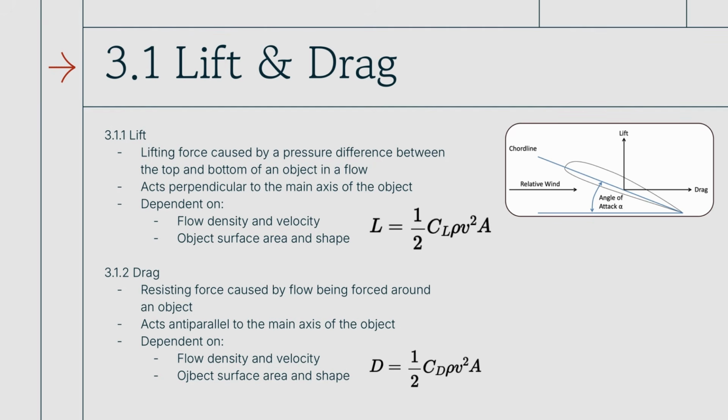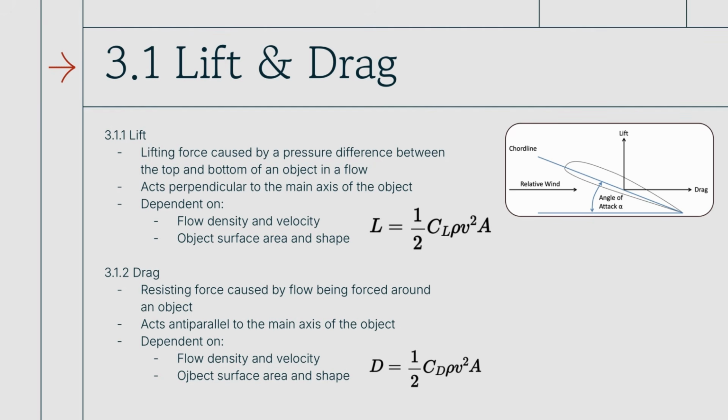It depends on the flow density and flow velocity, so you can see that rho v squared in there. Again, you can combine it with the 1/2 and get your dynamic pressure, just swapping around the terms. It depends on your density, your velocity squared, and then the object's surface area and shape. For the surface area, you're just going to take the surface area of the wing, and then the object's shape is combined into this coefficient of lift, that CL value there.